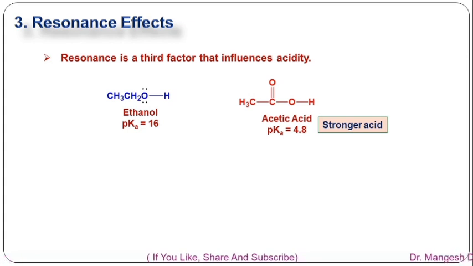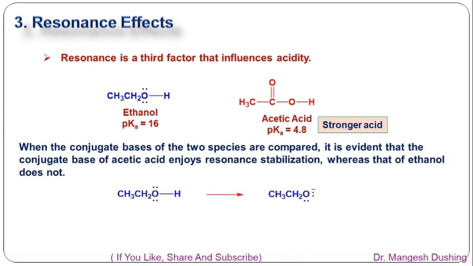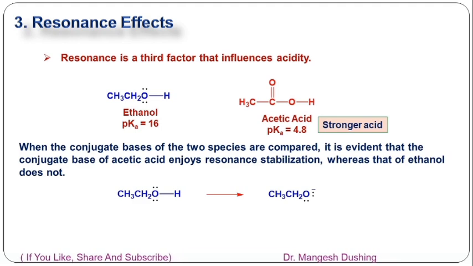So less value of pKa indicates that acetic acid is a stronger acid than ethanol. When the conjugate bases of the two species are compared, it is evident that the conjugate base of acetic acid enjoys resonance stabilization, whereas ethanol does not have stabilization due to resonance effect.